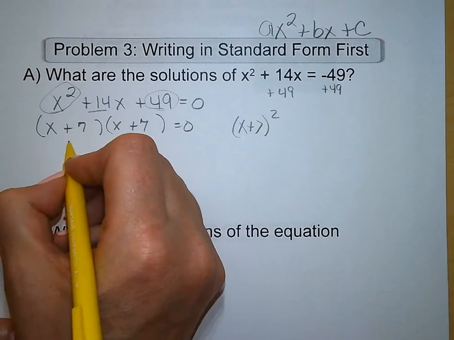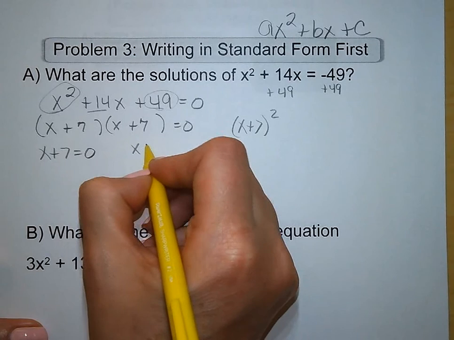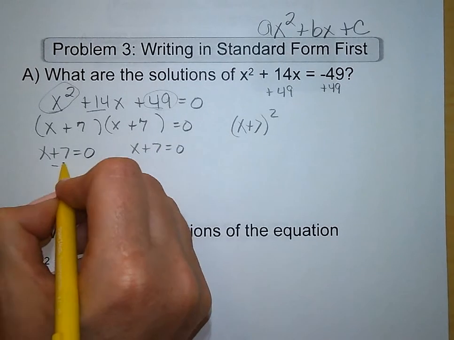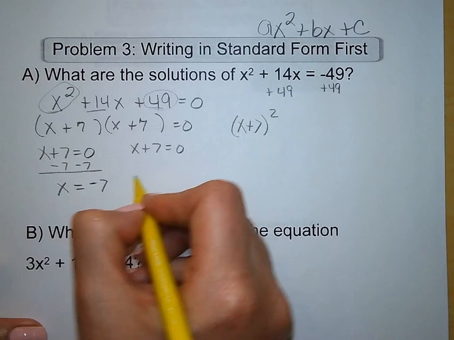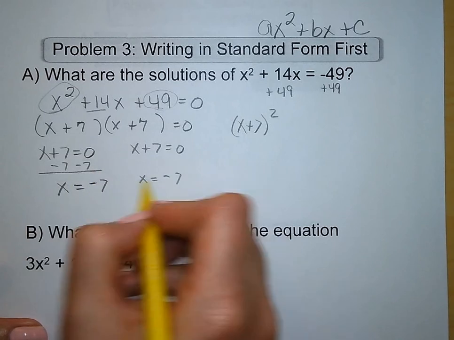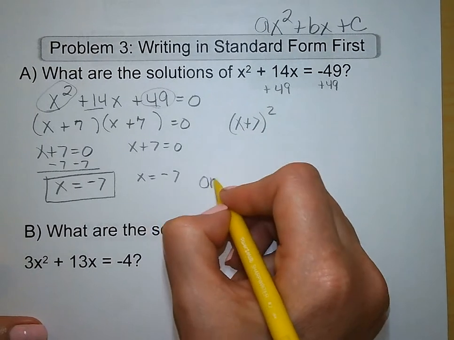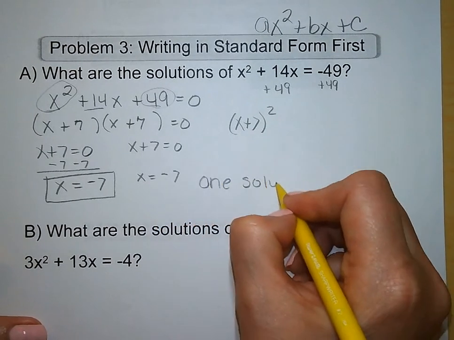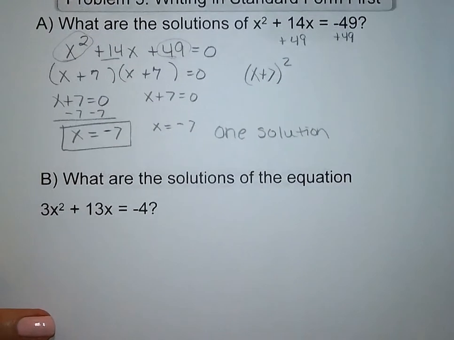So now we set that equal to 0. x plus 7 equals 0. Subtract 7 from both sides, and x equals negative 7. So there is only one solution for this quadratic equation.